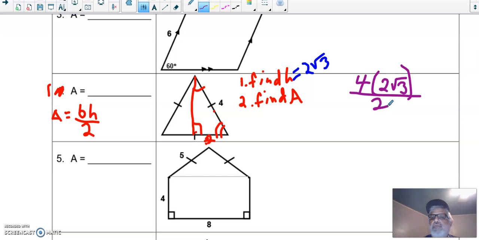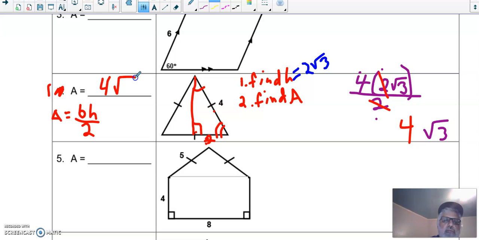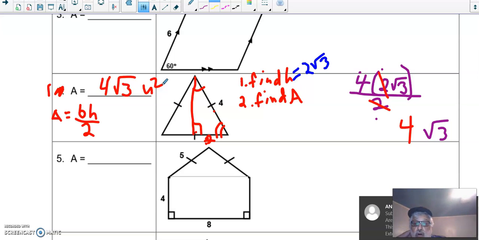Now the square root of 3 is going to be in the answer. So that square root of 3, I'm going to go ahead and put it right here. And what that means is all I need is my 4 times 2 divided by 2. Now since I got these 2's here, they actually cancel out. So my final answer will be 4 square root of 3. And it's going to be units squared, because when we deal with area, we're always talking about units squared.